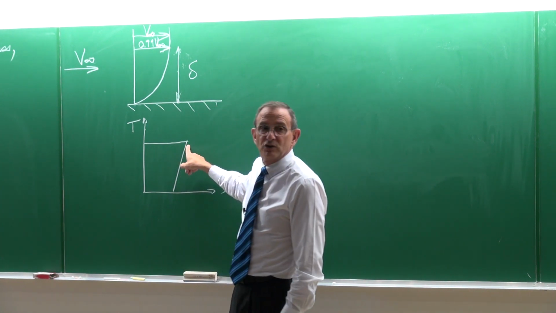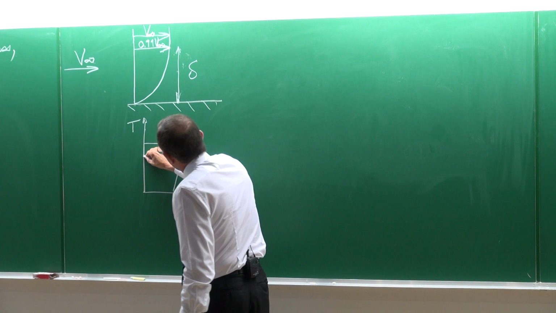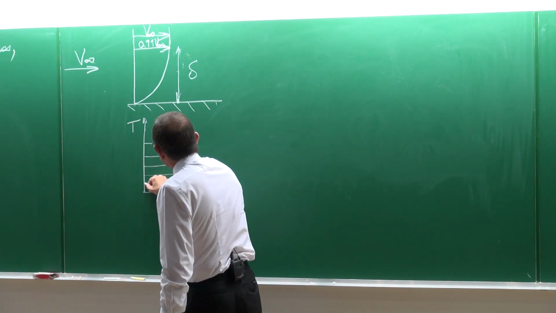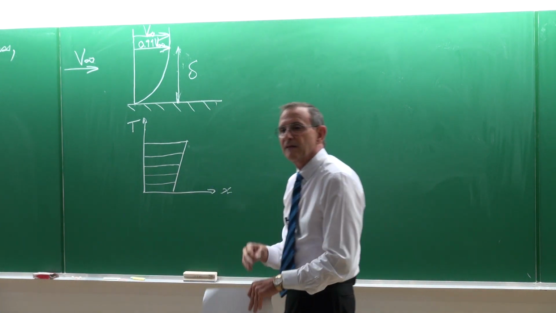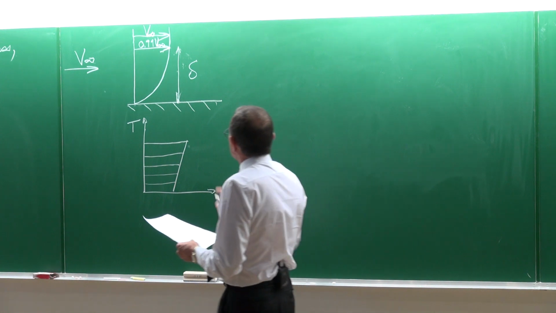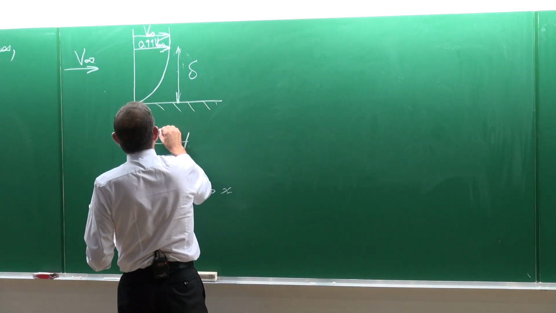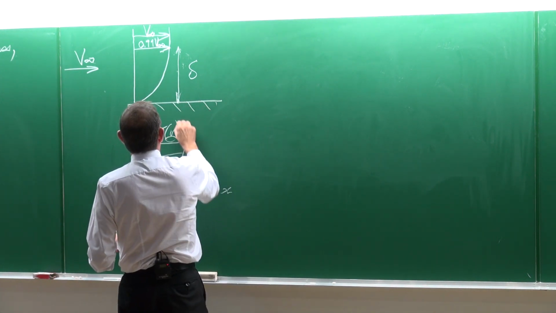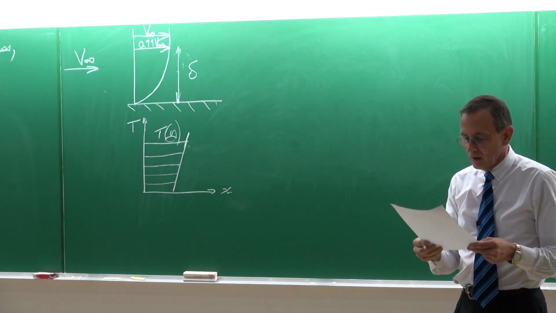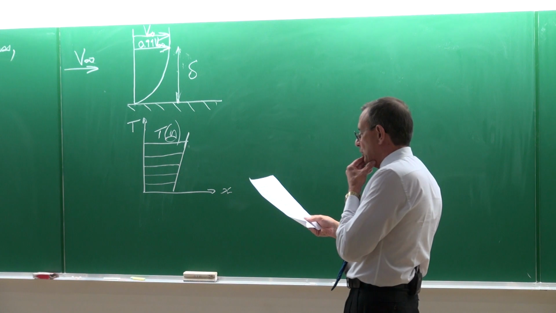But temperature is not a vector. So by using these lengths like this, we can show the value of the temperature. So the temperature is a function of y, of how we go away further and further from the wall.